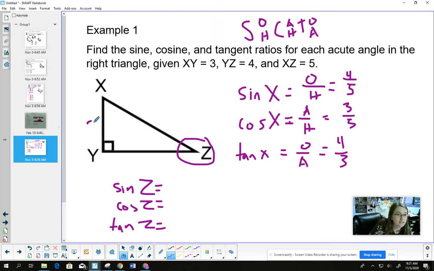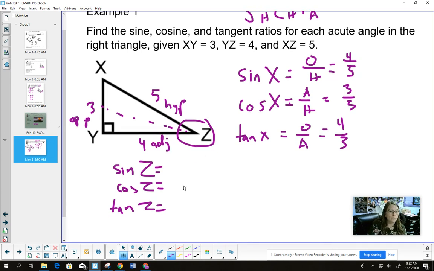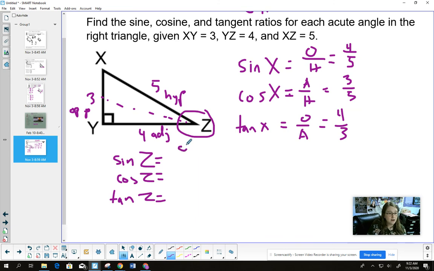Okay, so once again, this is still 3, 4, and 5. I hope you didn't switch those. That doesn't change. What changes is that now 3 is the opposite, across from z. 5 is still the hypotenuse, and 4 is now the adjacent. So we should have had sine is once again opposite over hypotenuse.